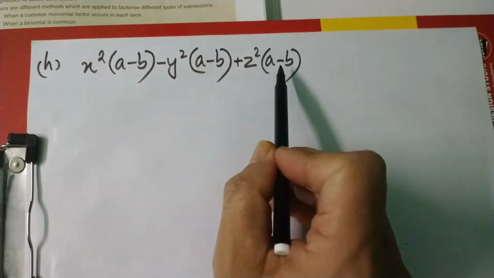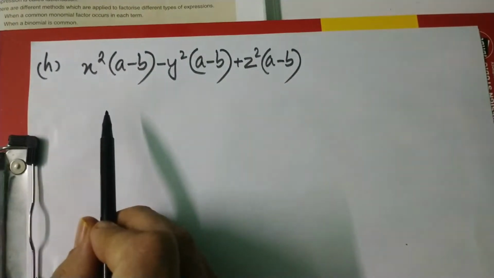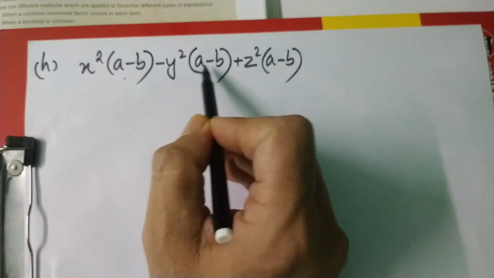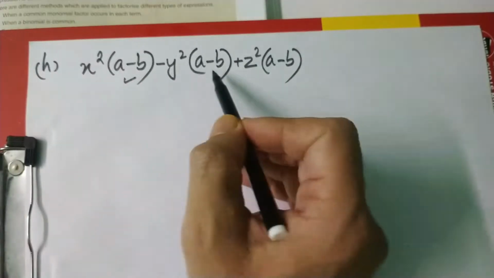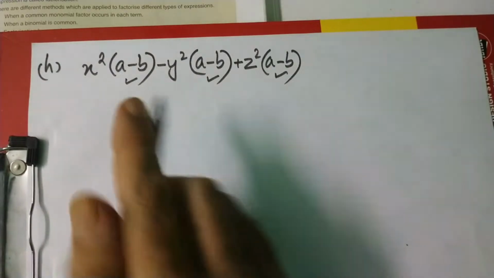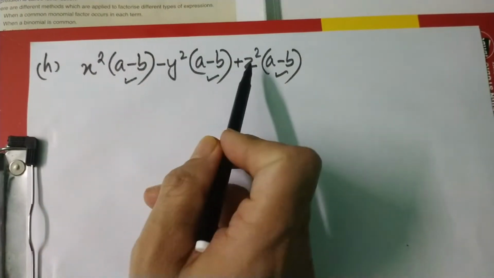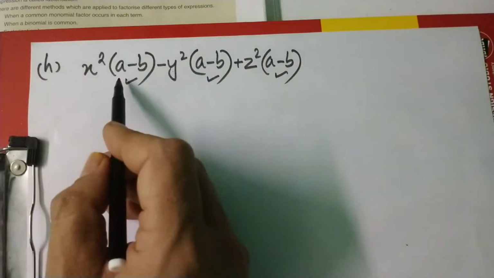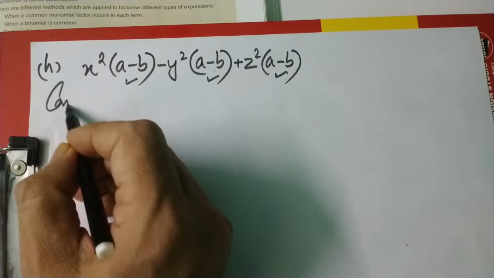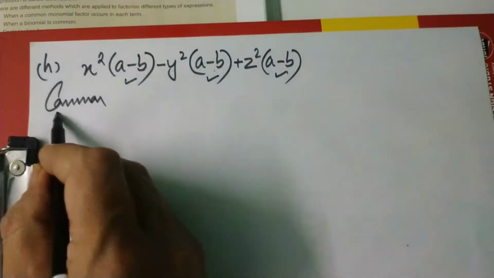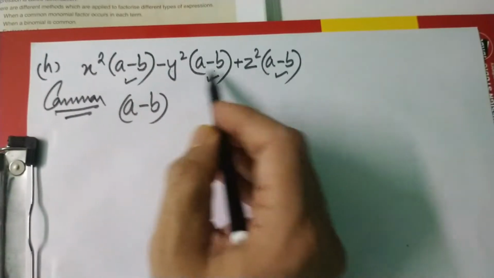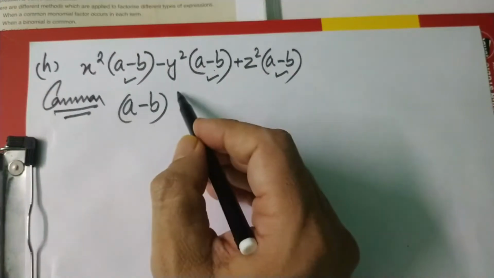This is a long expression in which nothing seems common, but we are seeing that something is common here: a minus b, a minus b, a minus b. The brackets are same, outside numbers are not same. So we will take a minus b as common.